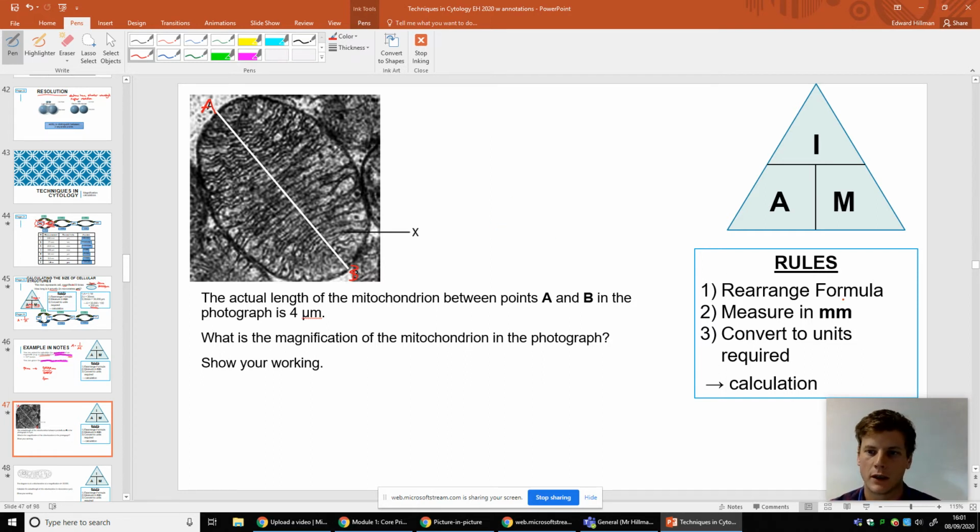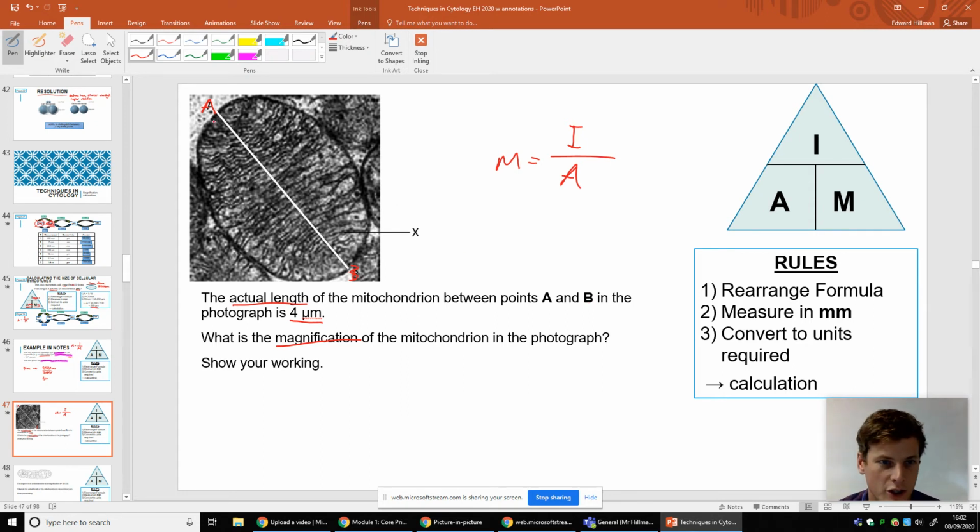So firstly, what are we trying to find out? So we want to know the magnification. So magnification is the image size, that's the one that you've measured, divided by the actual size. We've been told that the actual length of the mitochondrion between point A and point B in the photograph is 4 micrometers.